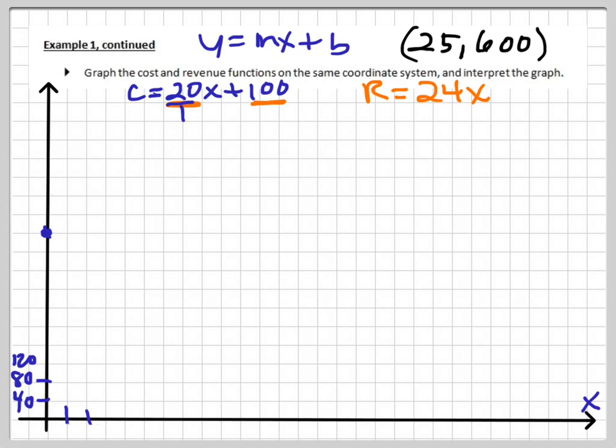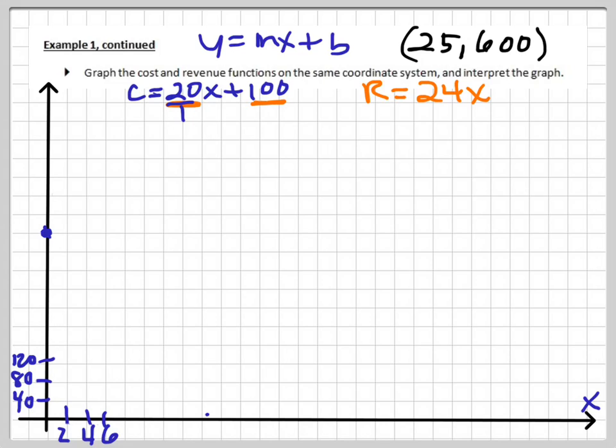Etc. Going up by 40s. And then on my x-axis, let's see, I may want to spread these out as well. Yeah, let's go by 2s again. We'll keep the 2s.